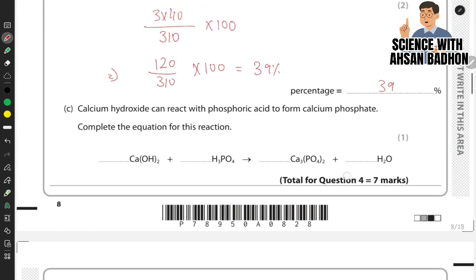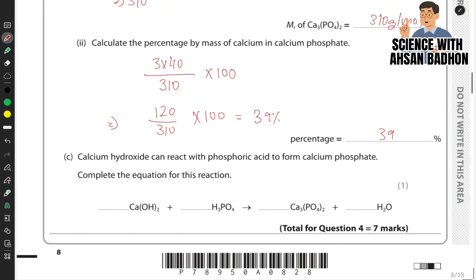And the last part of this question is: calcium hydroxide can react with phosphoric acid to form calcium phosphate. Complete the equation for this reaction. So we need to just balance it. How can we do it? For the arrow, check the number of atoms before the arrow and after the arrow. Starting with calcium, there are 3 calcium atoms in the product, so we can give 3 in the reactant.